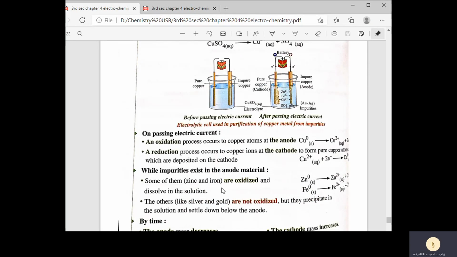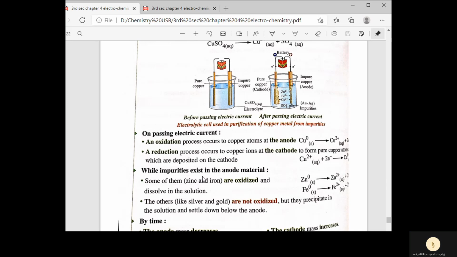Oxidation takes place for the copper of the anode, which will be changed into copper plus 2. It loses 2 electrons, and this is the oxidation process. Now a reduction process occurs to the copper ions found in the solution. They will be attracted to the cathode to gain 2 electrons and change into copper 0.